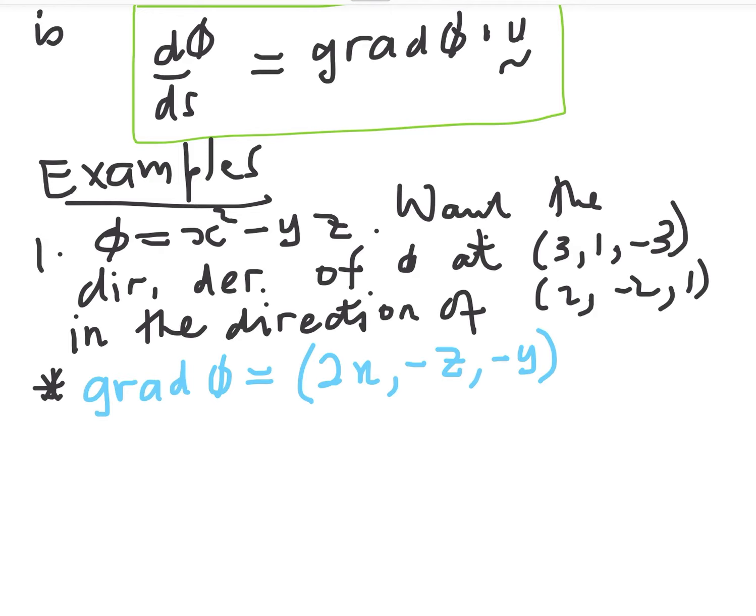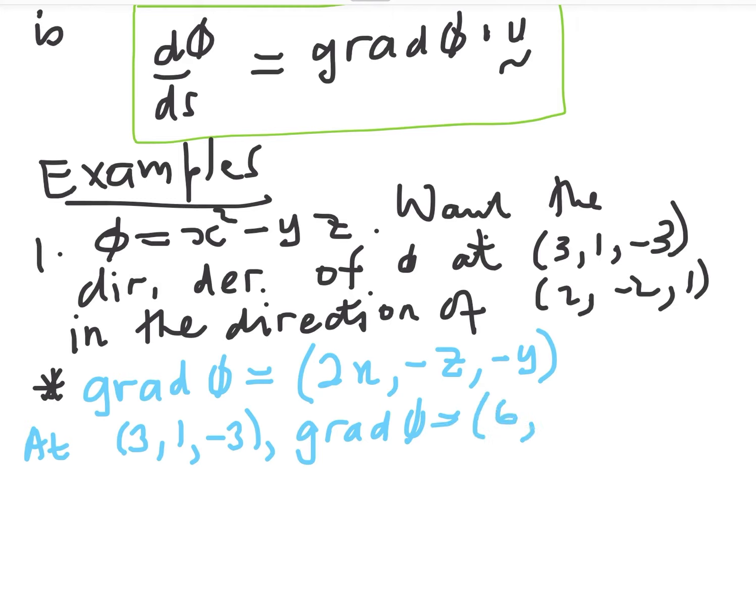This grad phi needs to be evaluated at the given point 3, 1, minus 3, i.e. x equal to 3, y equal to 1, z equal to minus 3. So at that point, the grad of phi is given by, if you put x equal to 3, this will be 6.